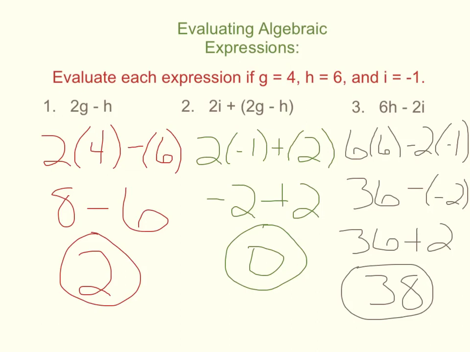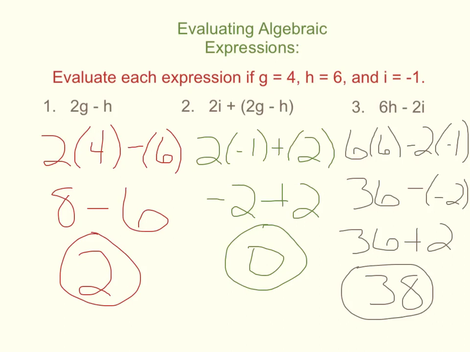So I'm going to go ahead and just substitute in 2 where I see 2g minus h. I substitute in the negative 1 for i, and now I have 2 times negative 1 plus 2. 2 times negative 1 is negative 2, so negative 2 plus 2 is 0 because the sum of opposites is always 0.